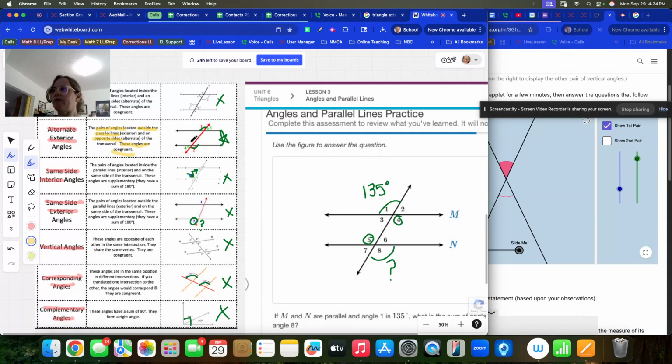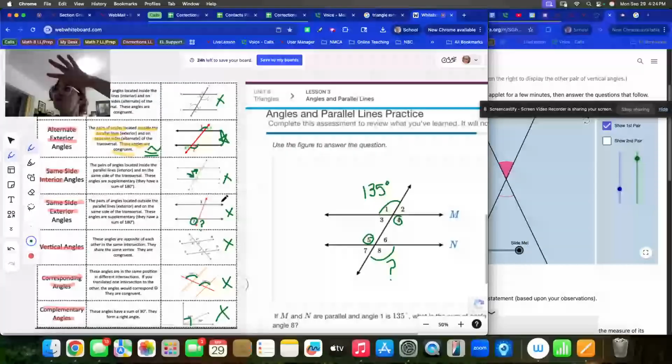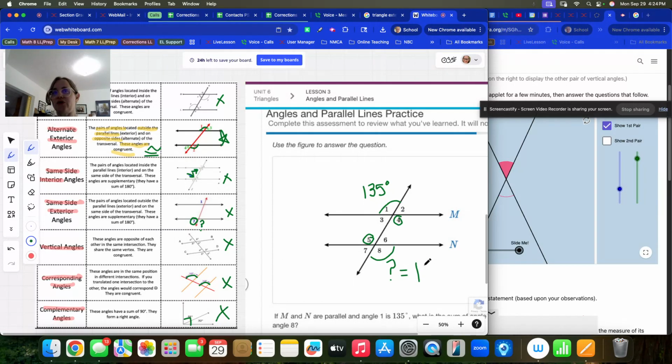What does that mean? It means same size, same shape. This is the symbol that's used to say something is congruent. It's an equal sign with a little tilde on top. It means they're equal, but specifically they have an equal measure of degrees. So I'm going to say 135 degrees.